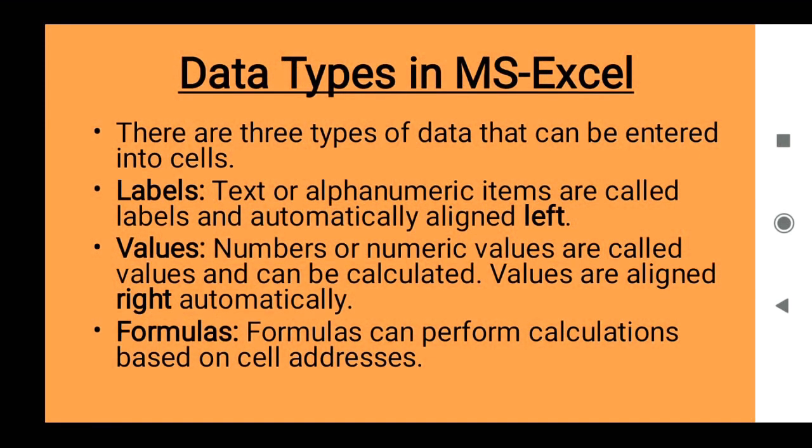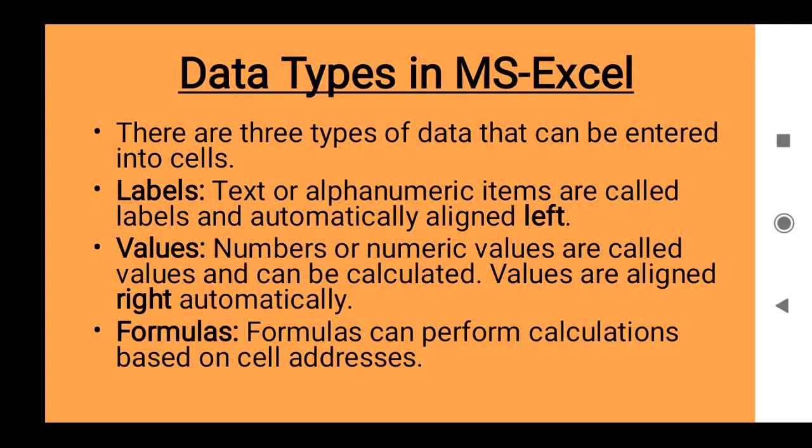Before typing data, you must know data types in MS Excel. There are 3 types of data that can be entered into cells. First one is labels. Text or alphanumeric items are called labels, and these are automatically aligned left.